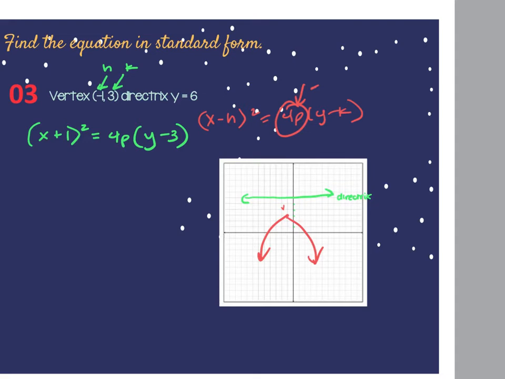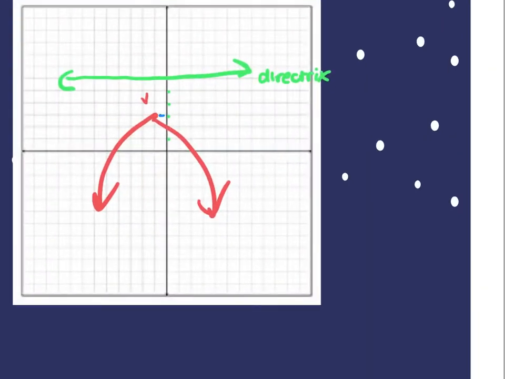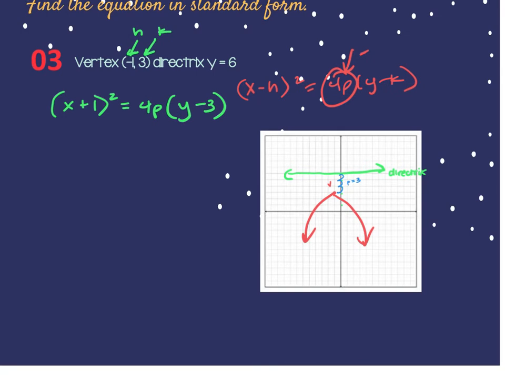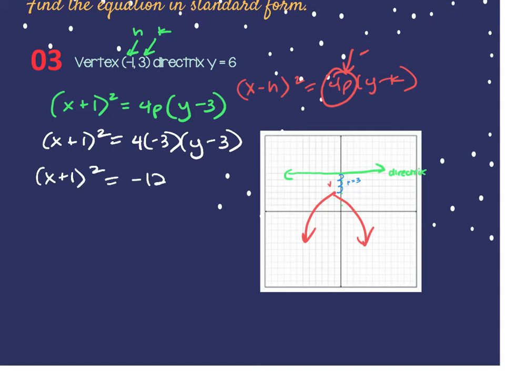Good. So if I just count 1, 2, 3, p is 3, and because it is facing downward, I plug it in as -3. So x plus 1 squared equals 4 times -3, y minus 3. x plus 1 squared equals -12 times y minus 3. And there's the standard form of this parabola.